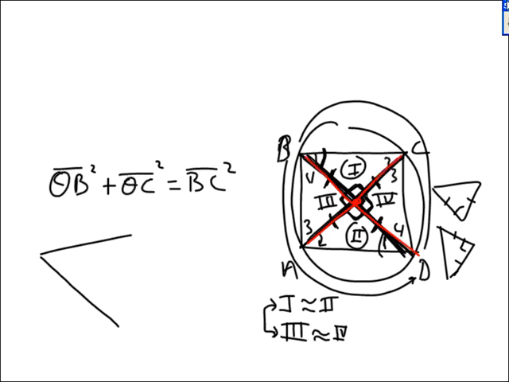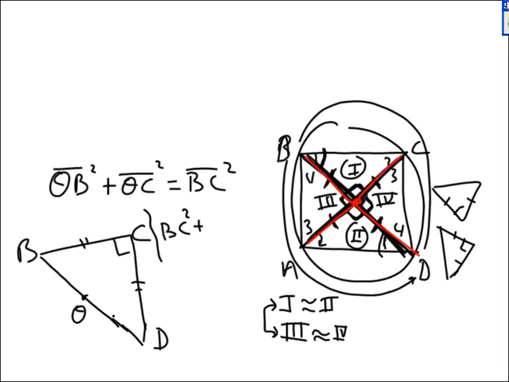Triangle 1 and 4 together. B, C, D. And for whatever it's worth, O is in the center. Well, this is a right triangle. So we can say that BC squared, this leg, plus that leg squared, CD or DC squared, is equal to the diameter squared.